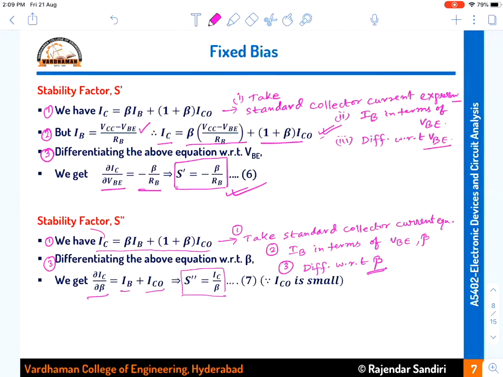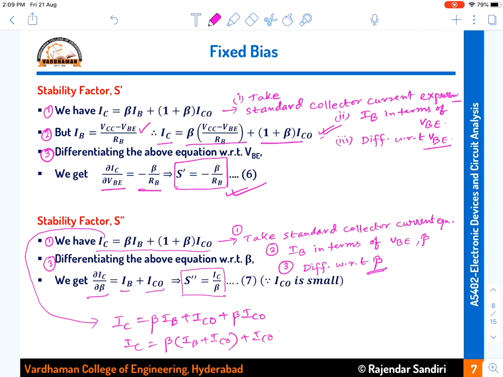This first equation, if you write it like IC is equal to beta into IB plus IC naught plus beta into IC naught, and take common beta, then you will get IB plus IC naught plus IC naught. But this is approximately equal to beta into IB plus IC naught, since IC naught is very small.